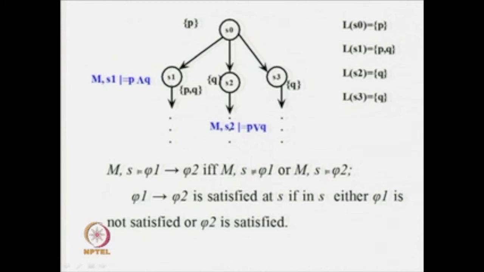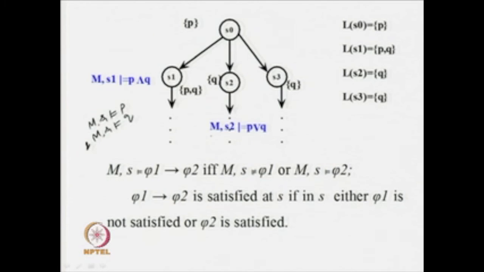If we concern ourselves with state S1, we will find that M,S1 models P and Q, because S1 is labeled with P and Q. So, you can say that M,S1 models P and M,S1 models Q. Since both P and Q hold in state S1, P and Q holds in this state S1. If you come to state S2, you will find that it is labeled with Q, that means the atomic proposition Q is true here.